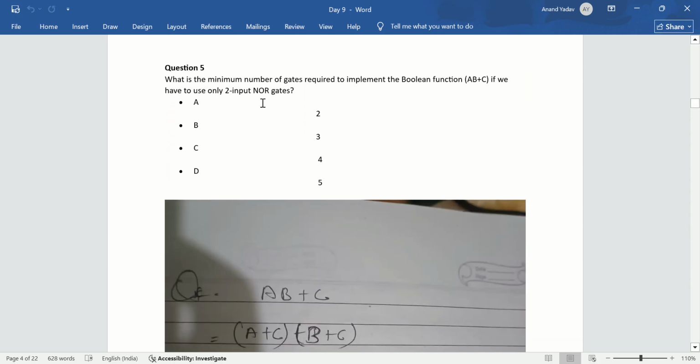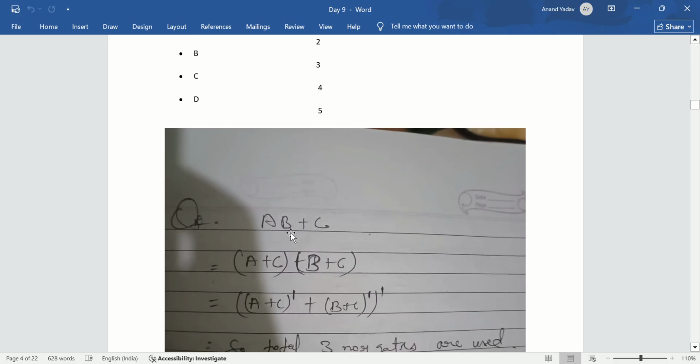Question 5. What is the minimum number of gates required to implement the Boolean function AB plus C if we use 2 input NOR gates? So for 2 input NOR gates, I will first convert into NOR gate structure. First I will distinguish them: A plus C and A plus B. Then I will apply De Morgan's law.